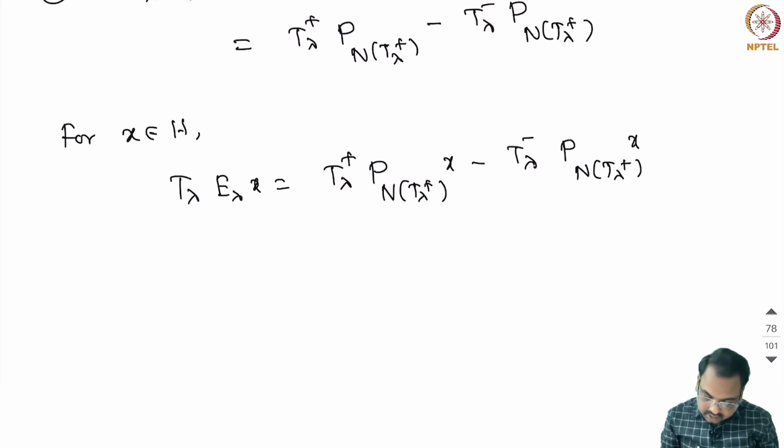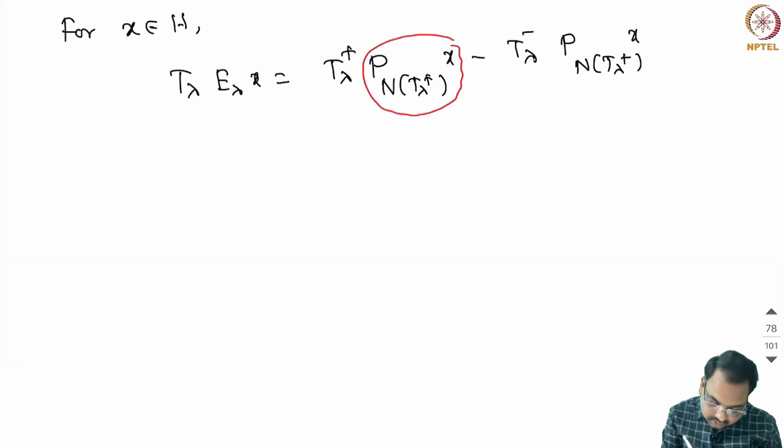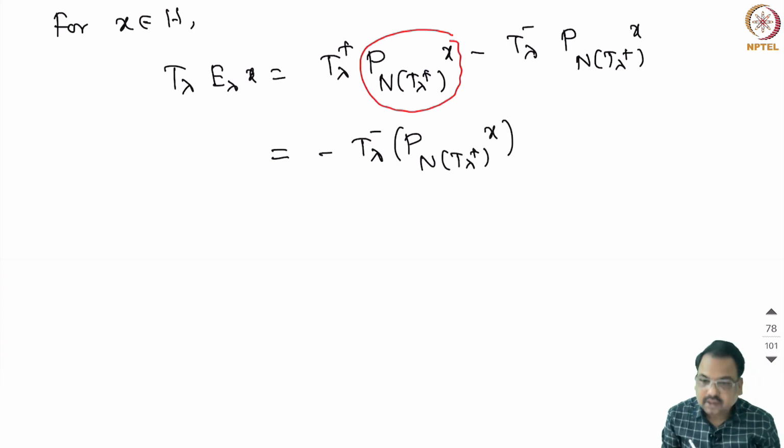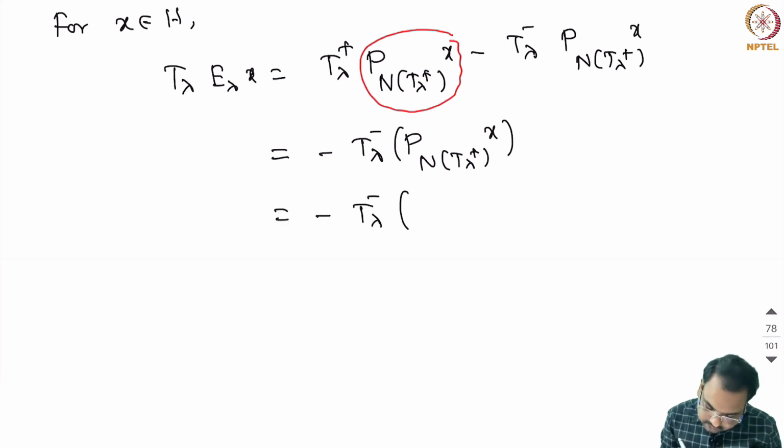Now this we can write as minus of T_λ^- projection onto the null space of T_λ^+ x. Now this we can write as minus of T_λ^- (I minus projection onto the null space of T_λ^+ perp).